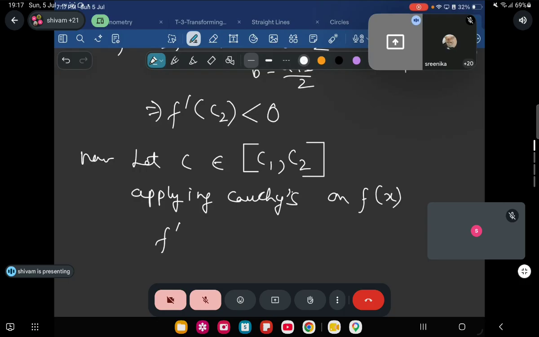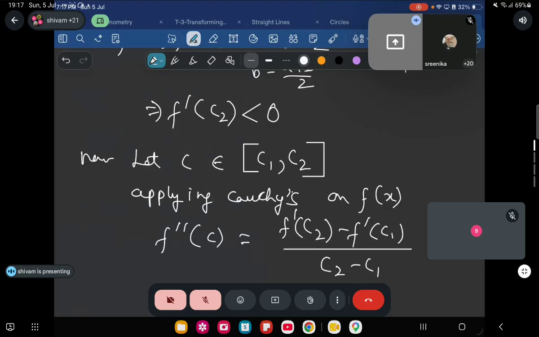What is f double dash c? f double dash c will be equal to (f dash at c2 minus f dash at c1) upon (c2 minus c1). Tell me everyone, are people getting? Over here, what is f dash at c2? That is negative, and f dash at c1 is positive. c2 minus c1 is of course positive. So what are we getting in the numerator? Negative.